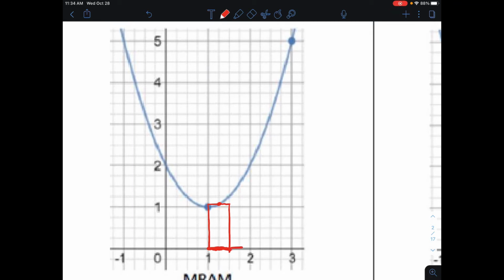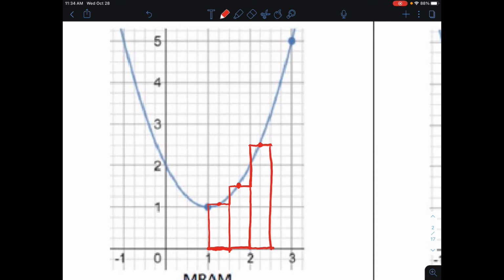My second rectangle would span the interval from a half to 2. The height is going to be determined by the middle x value of that interval, and then we're going to complete our rectangle that we draw. And then we'd go from 2 to 2.5, and so the height's going to be based on the middle x value, hence the name midpoint.